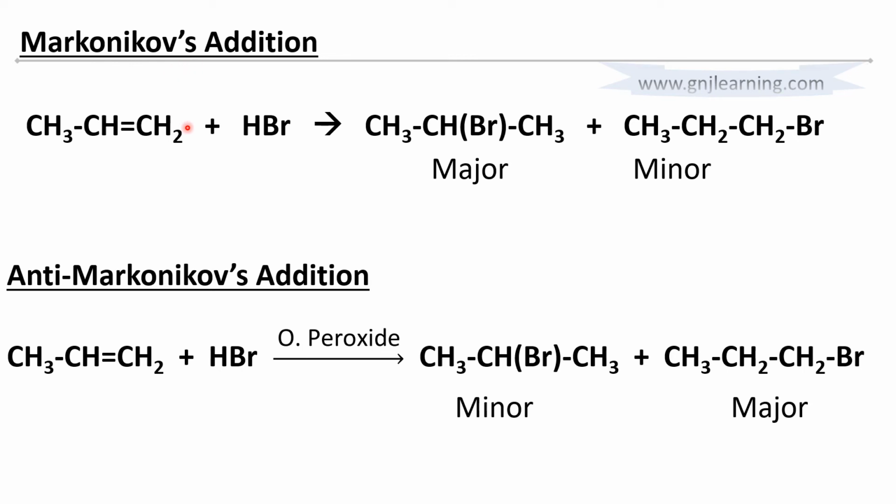If you want to reverse the minor and major products, then you have to add an organic peroxide. If you add an organic peroxide, it will be reversed. Clear? So that's all about the addition reaction of unsymmetrical alkenes for obtaining monohaloalkane.